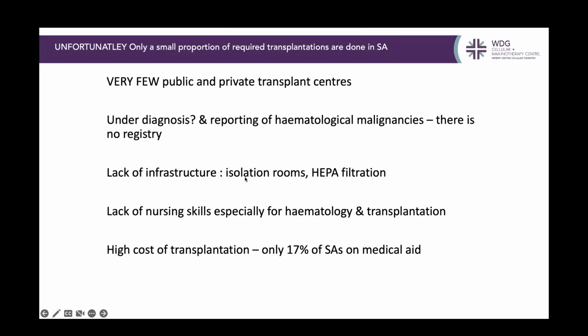We have a lack of isolation rooms, some HEPA filtration, positive pressure rooms. Of course, lack of nursing skill, especially in the field of hematology and transplant, and then the high cost of transplantation. So just note that only 17% of South Africans are on a medical aid. And an allogeneic transplant would cost about 1.2 million in total, and an autologous transplant costs about $500,000.